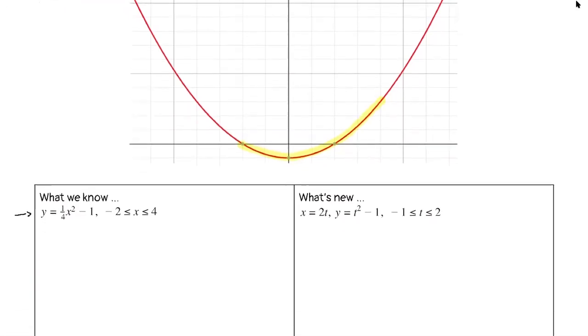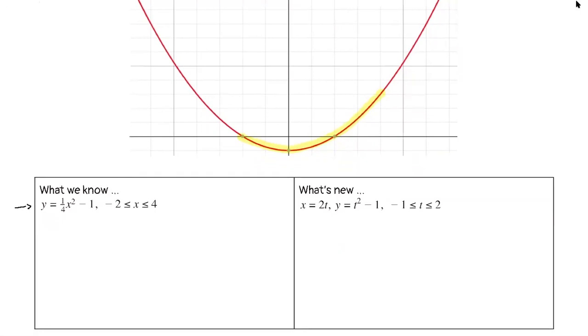Now, if I said, hey, I'd like you to find the slope of the tangent line to any point of this rectangular equation, what I'd really be saying is find the derivative of this equation, okay? So when we're looking for the slope of any tangent line, that means we're looking for the derivative, okay?